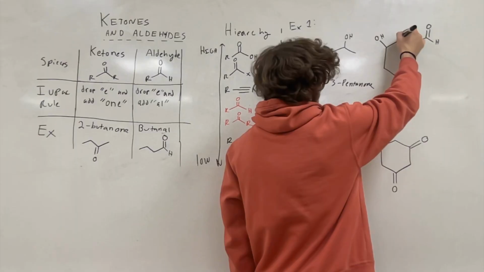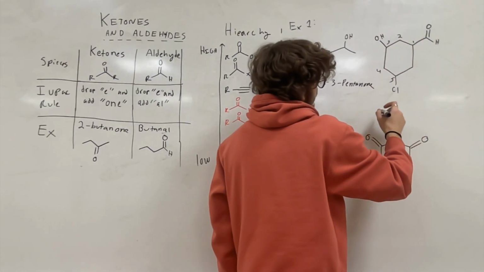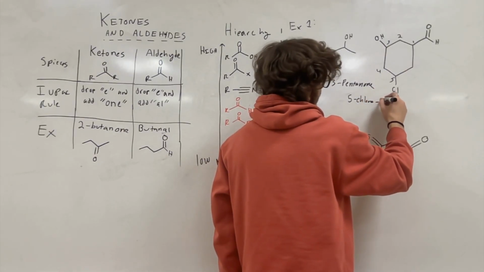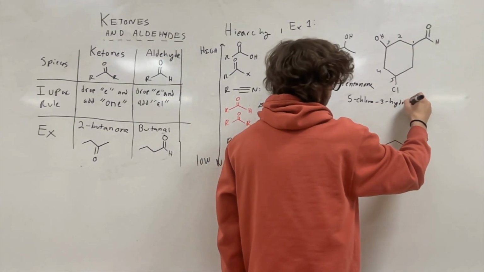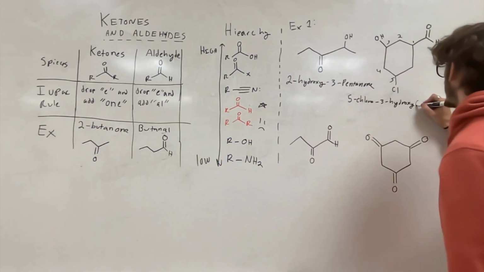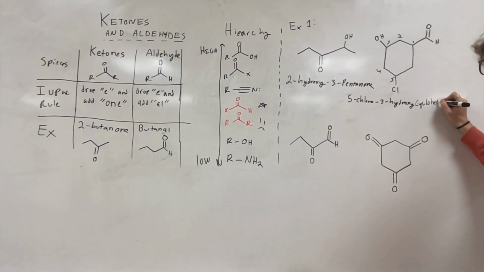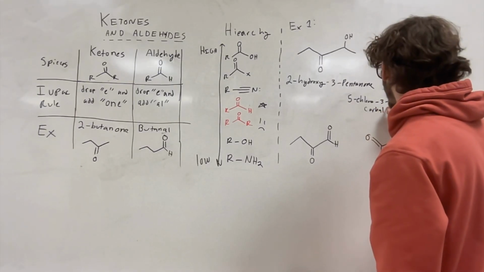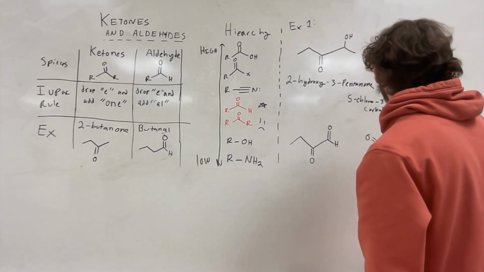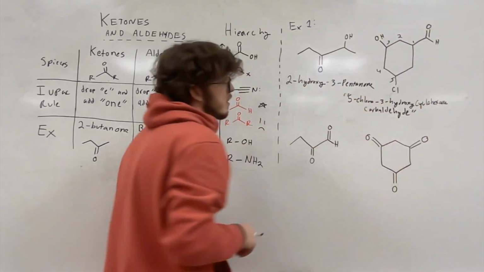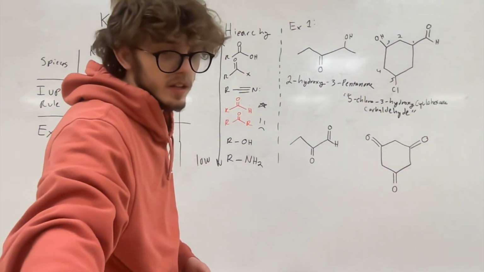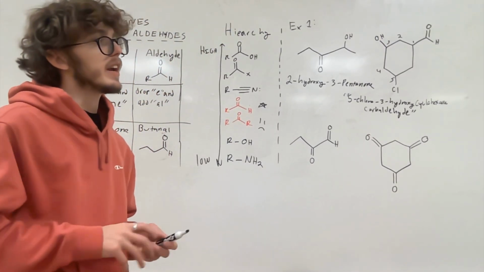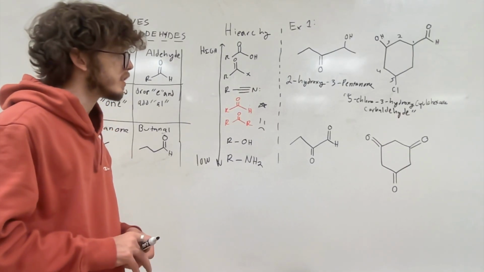So we're going to go 1, 2, 3, 4, 5. So this is 5-chloro-3-hydroxycyclohexanecarbaldehyde. You don't drop the E, double consonant rule there with IUPAC. So cyclohexanecarbaldehyde, it's kind of a mouthful and kind of a strange choice on their end.